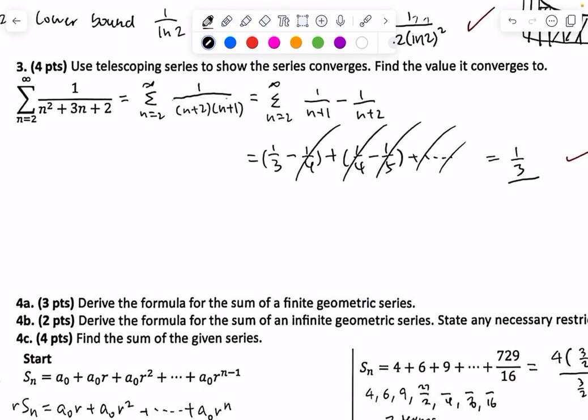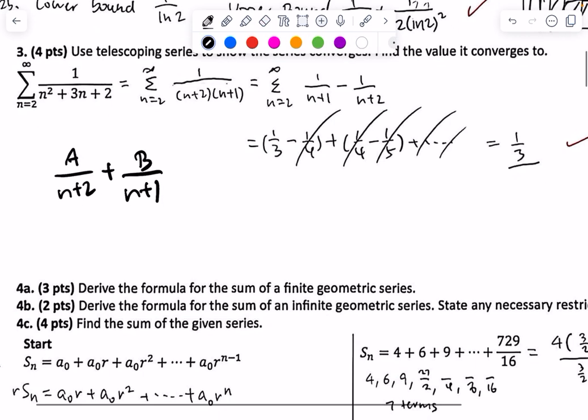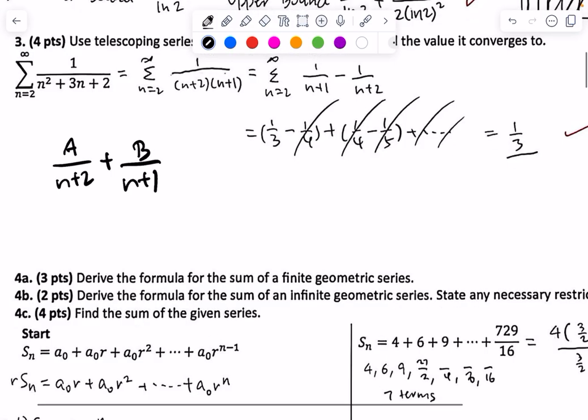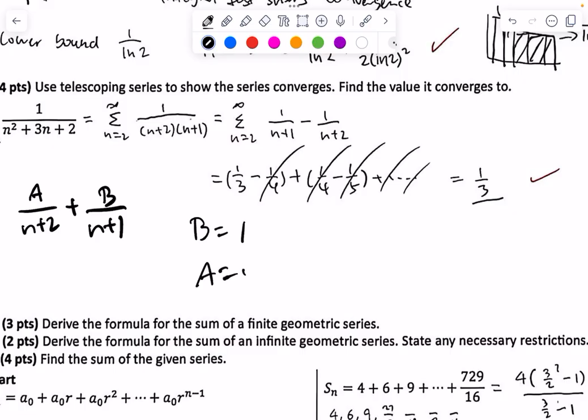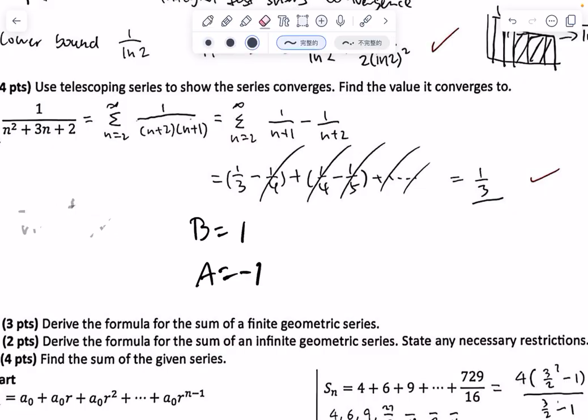So this would separate to a over n plus 2 plus b over n plus 1, and use partial fraction decomposition, ultimately getting that b equals 1 and a equals -1. But I'm not going to show this process because I'm sure you guys are familiar with it.